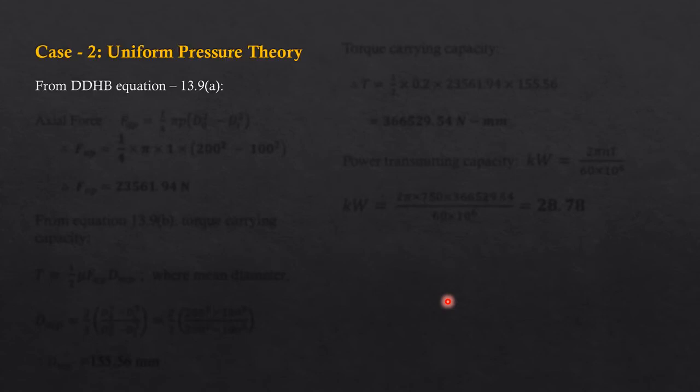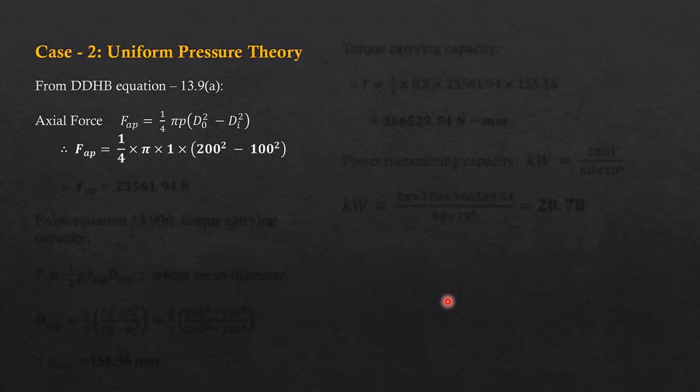All right, so now let's look at solving for power using the uniform pressure theory. Now, according to uniform pressure, we have from our handbook equation 13.9a, which gives you the axial force. All right. So, substituting all the parameters, we will get the axial force as 23,561.94 newtons. Right.